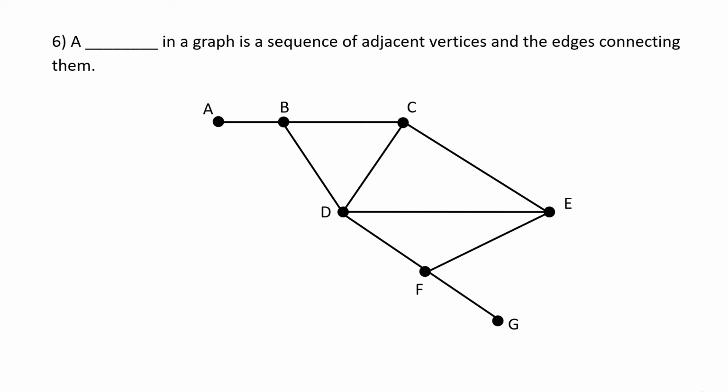Definition 6. A path in a graph is a sequence of adjacent vertices and the edges connecting them. Let's have an example of one.